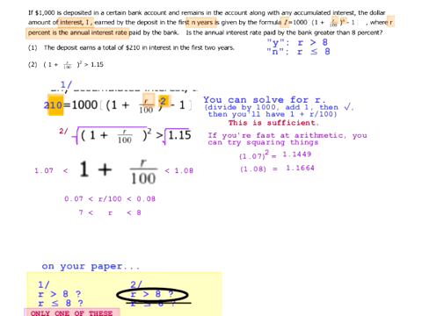The goal is R, and you already have something about R. So there would really be no point in doing that, because this would tell you about interest. But we don't want to know about interest. We want to know if R is more than 8, and this is already a statement about R. So this is not going to help you. That's why you write these and you look at them with your eyes.